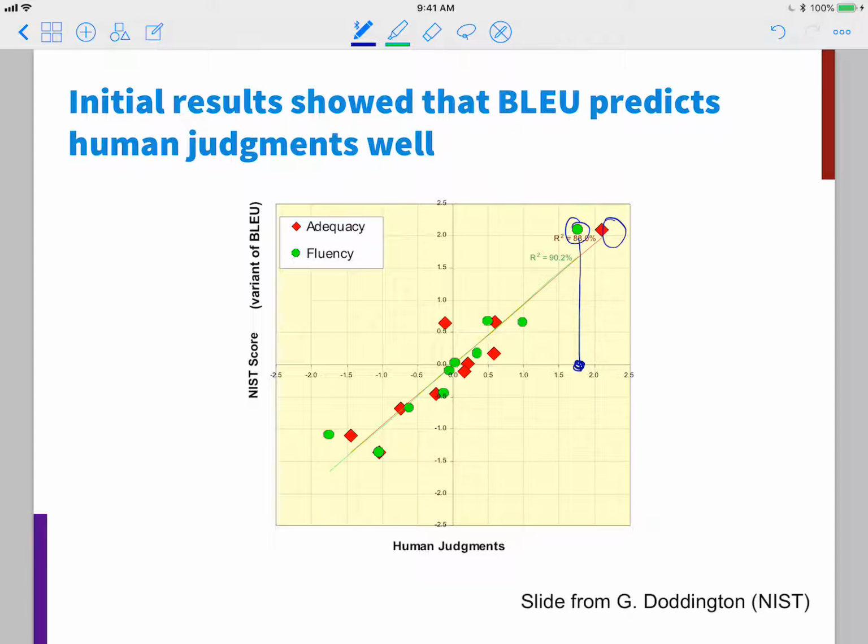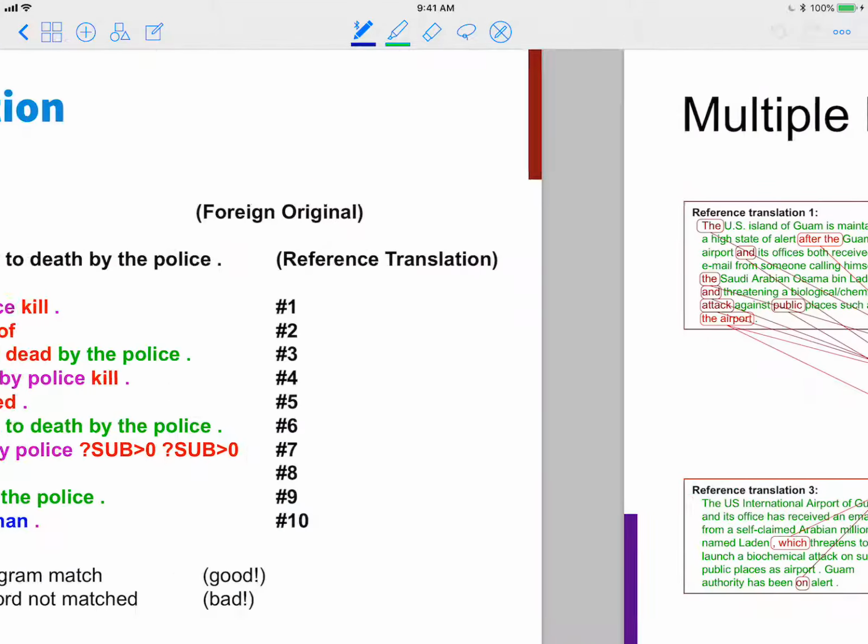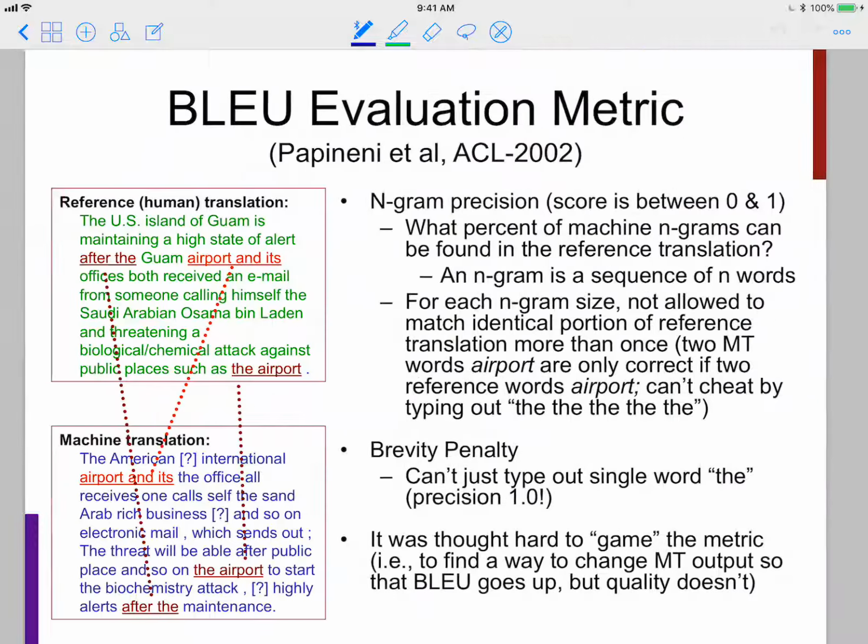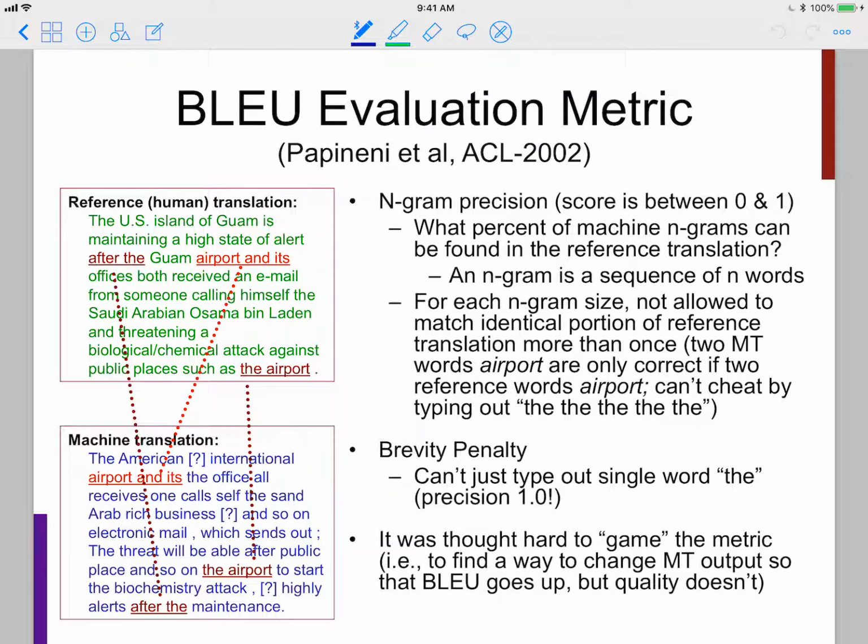So I was confused because we have to think about these two different measures simultaneously. The human judgment values would be obtained by using a Likert scale.